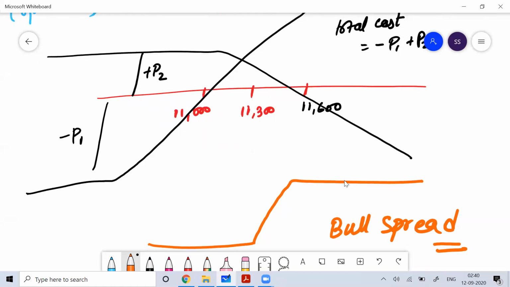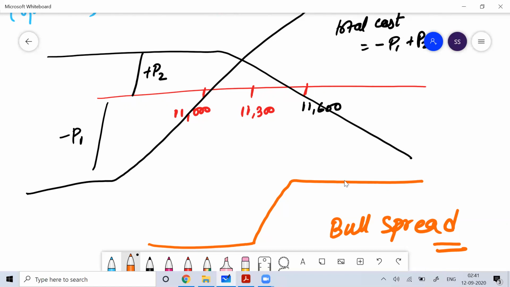Loss means your cost in terms of P1 minus P2. Instead of your cost being P1, now your cost becomes P1 minus P2. At the same time, you have to understand that you are not entitled to receive unlimited profit. Your profit possibility also gets limited. This is one of the trading strategies, called a bull spread.